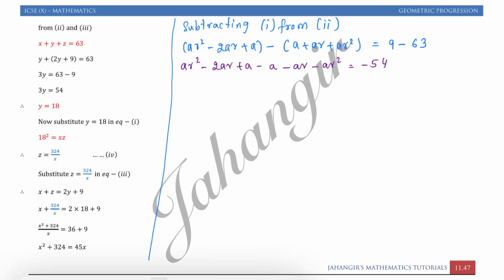If you note down, we are going to cancel A and A, and AR square and AR square will also get cancelled. So here you will get minus 2AR minus AR, that is minus 3AR is equal to minus 54. Therefore AR is equal to 18.